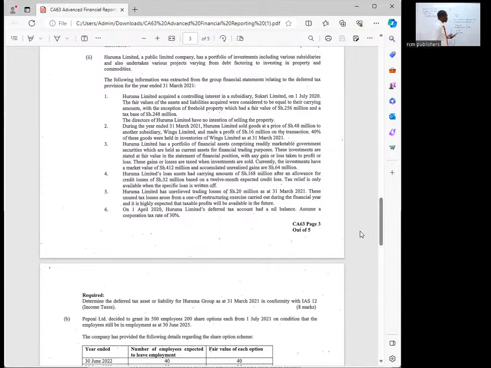Now, when they talk about the corporation tax rate, this is the current tax, the tax that is payable by every company after 1 year. Then we are asked to determine the deferred tax asset or liability for Huruma Group as at 1st March 2021 in conformity with IAS 12. You're given 8 marks. So that is the question that we are expected to look at this afternoon.